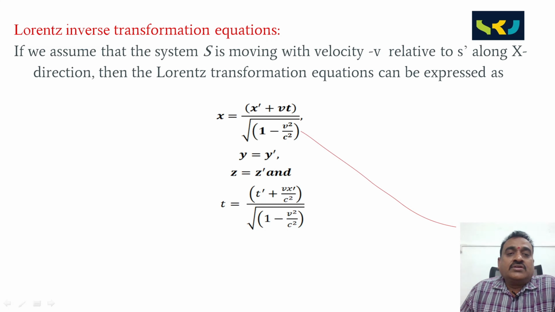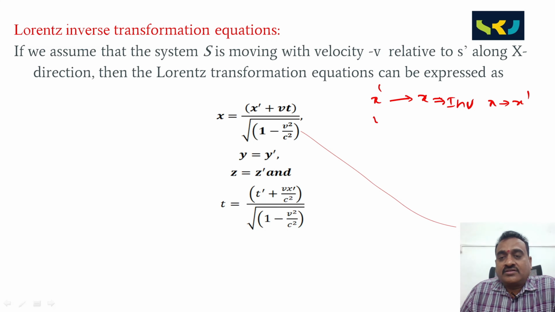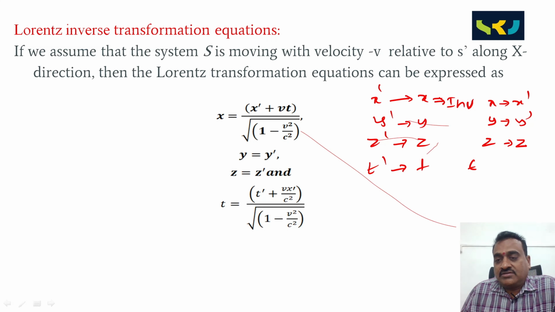So, the Lorentz inverse transformation equation goes from x dash to x, x to x dash. Here y dash to y, y to y dash. You remember z dash to z, here z to z. Here also t dash to t, here t to t dash, inverse.